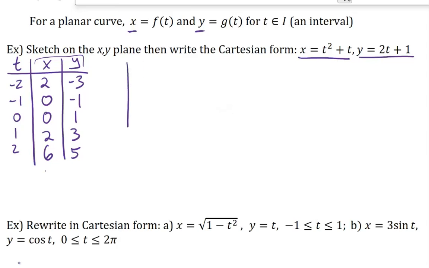Okay, let me try to draw that a little more straight. Okay, and so if I start plotting those, I'm going to start at 2, -3. We're going to go to 6, just because I have an idea what it's going to need to look like.